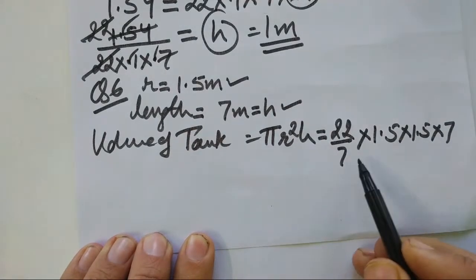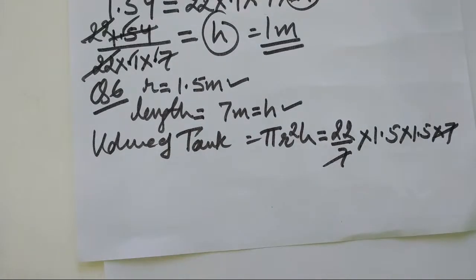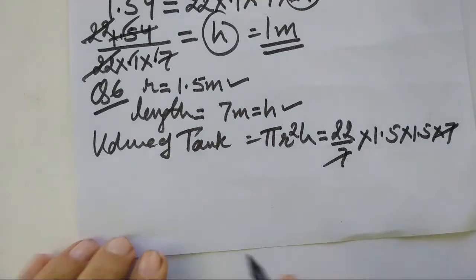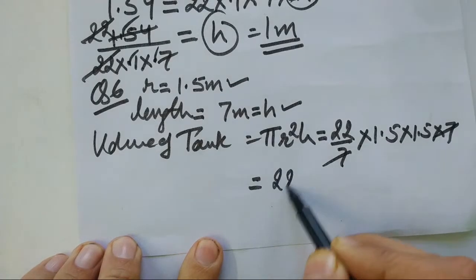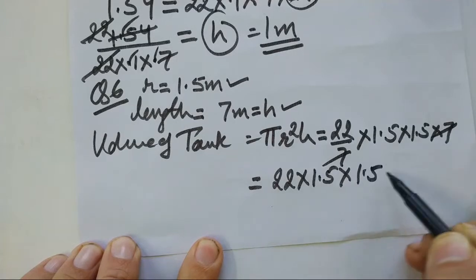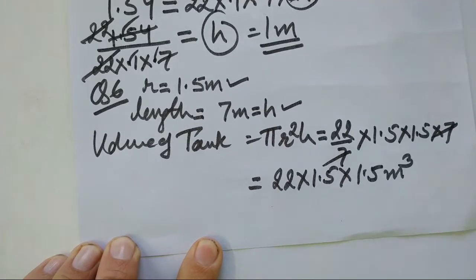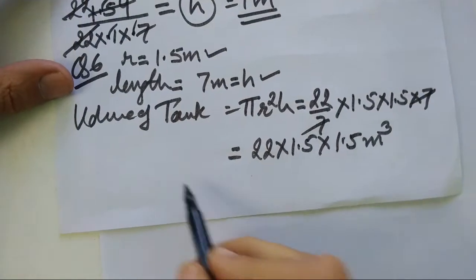So this is a direct question. After that, the question says find the volume of tank in liters. This answer will come as 22 into 1.5 into 1.5. It will come in meter cube. So the question is find the volume of tank in liters.